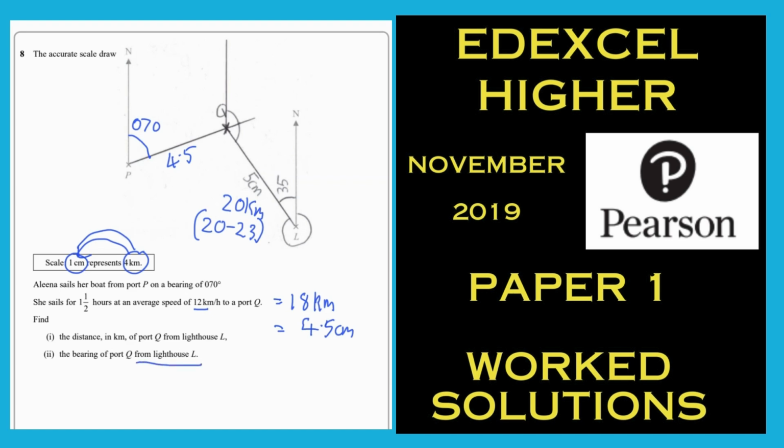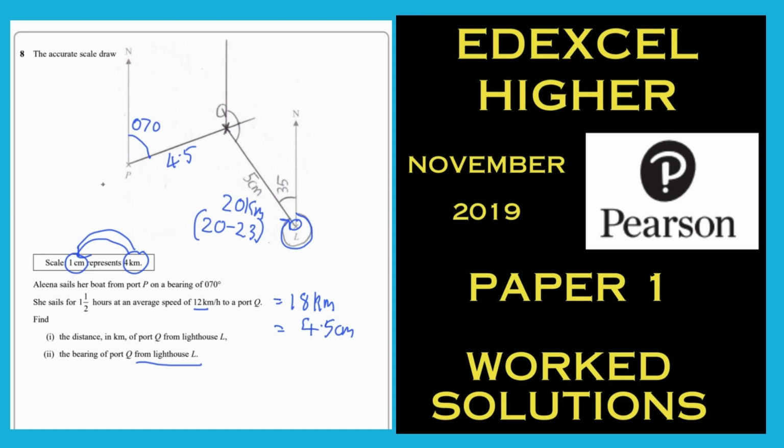from lighthouse L means you're stood at lighthouse L and it's a clockwise angle. Too big for your protractor, might be okay for angle measurers. So I measured the small angle, I got 35.